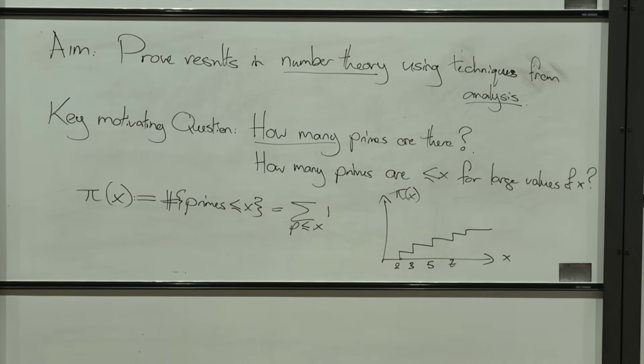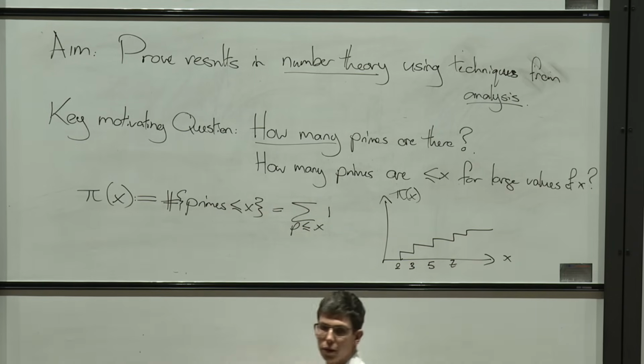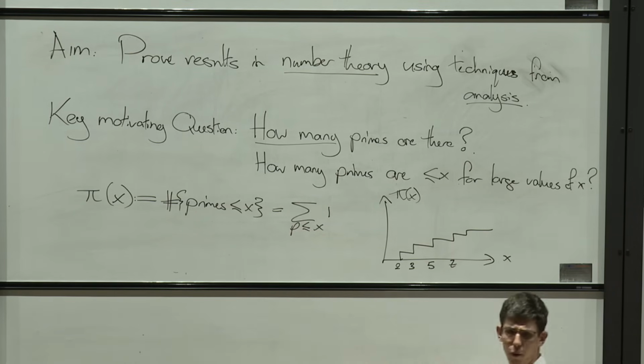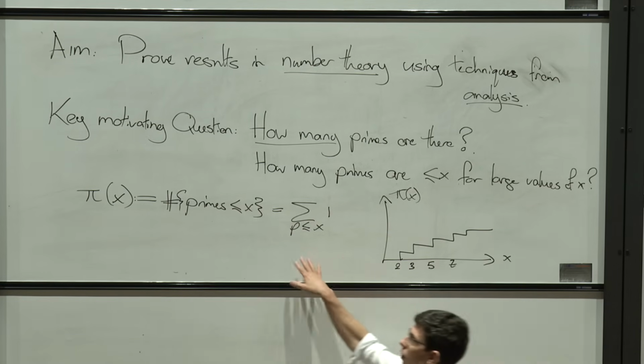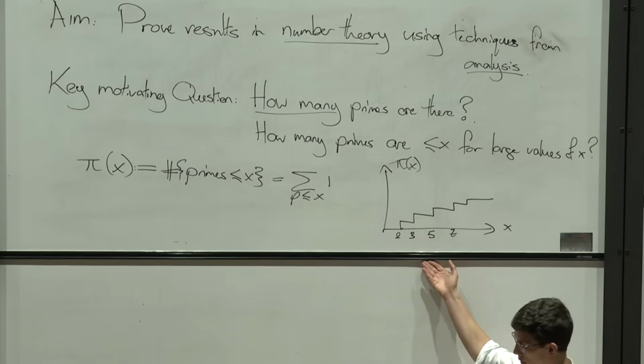So the motivation and the point of view of this course is not to necessarily know exactly the size of pi of x, which is on the same order of complexity as understanding virtually all the primes up to x, but instead to try and get some partial understanding of the size of pi of x.